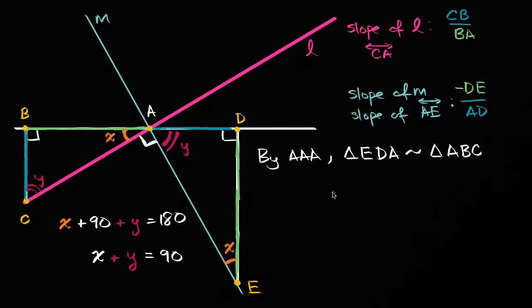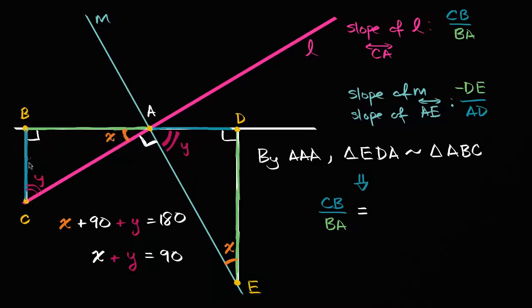And so, for example, let's find the ratio of corresponding sides. We know that the ratio of, let's say, CB to BA, so let's write this down. So the ratio of CB over BA is going to be equal to, well, the corresponding side to CB, it's the side opposite the x degree angle right over here.